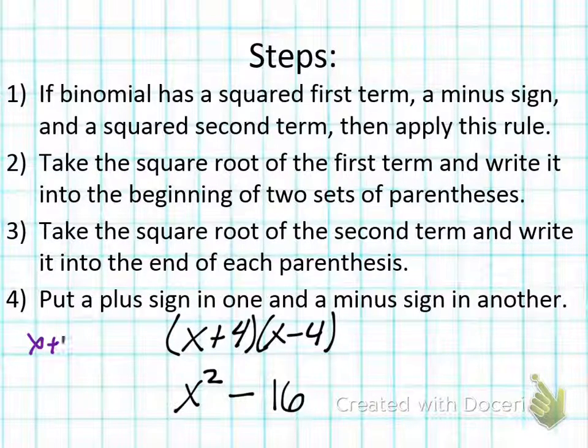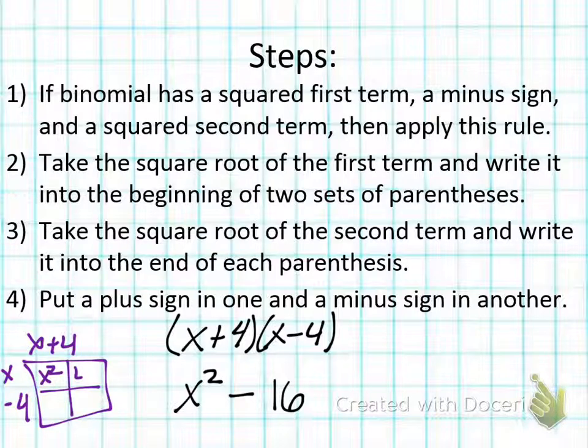It came from the fact that when we do the rectangle here, we get x squared plus 4x minus 4x minus 16. So the middle terms cancel out, so we just get x squared minus 16. Okay, so that's what we were doing last time.